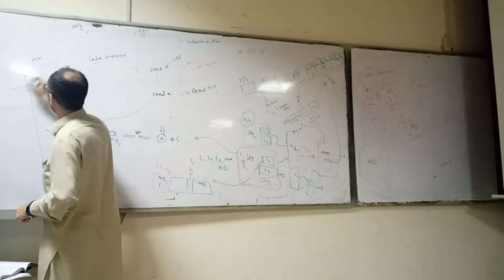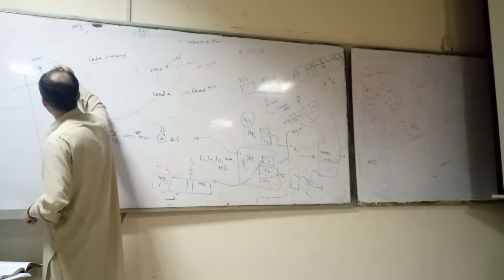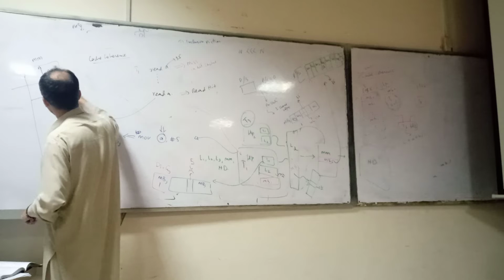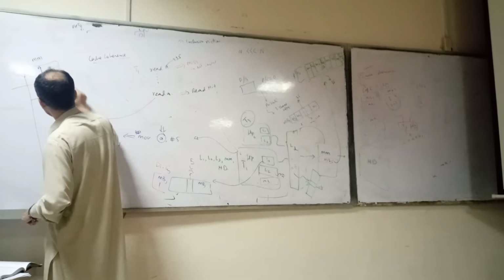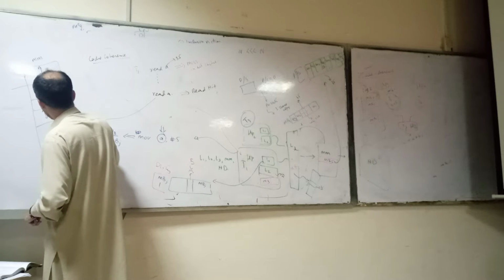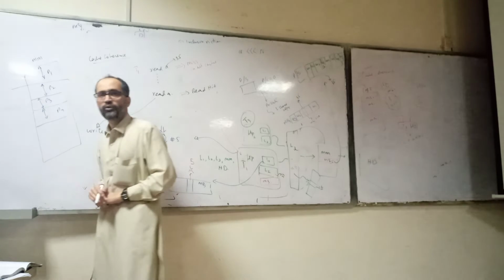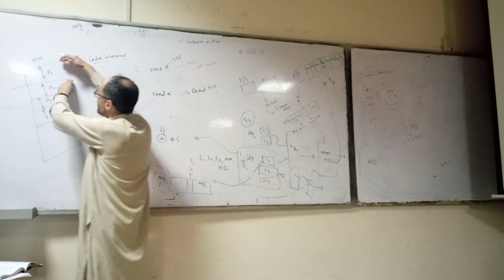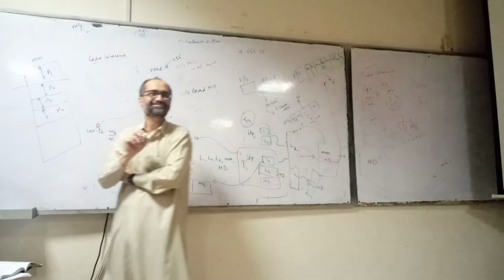So now we say processor 1, this is processor 2, this is processor 3, and this one is processor 4. So actually this address range belongs to processor 1.